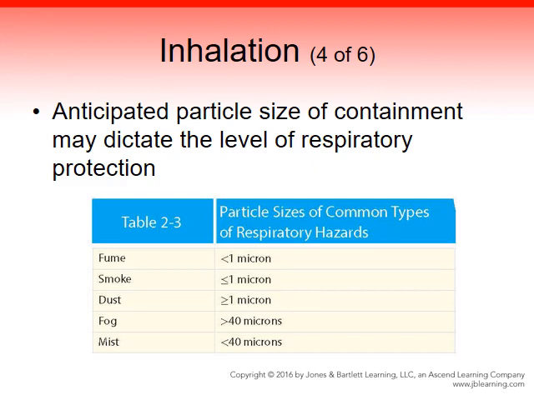Now, the anticipated particle size that you're going to come in contact with can dictate the level of respiratory protection. So here are some measurements in terms of hazards you may come in contact with. Fume, smoke, dust, fog, and mist. So whatever respiratory protection you pick should be able to filter that size contaminant or particle out.